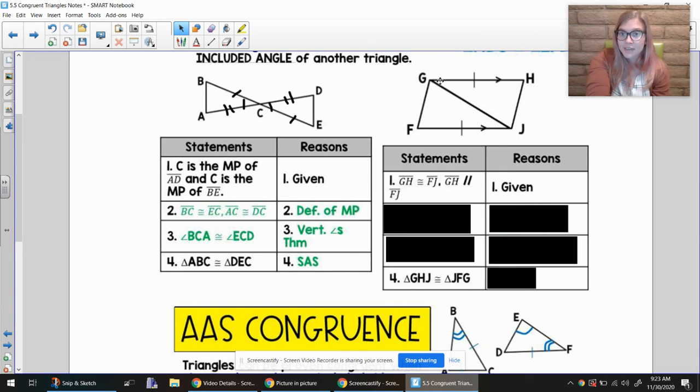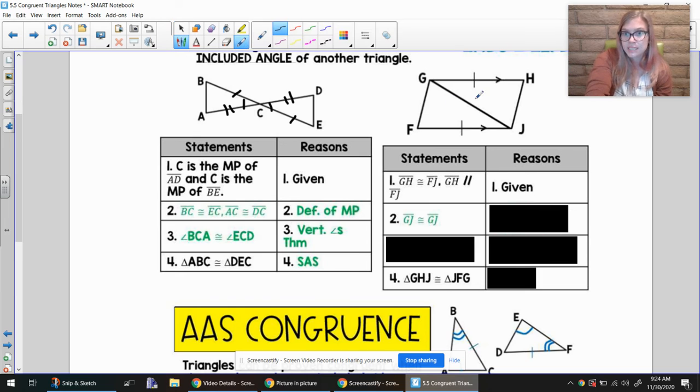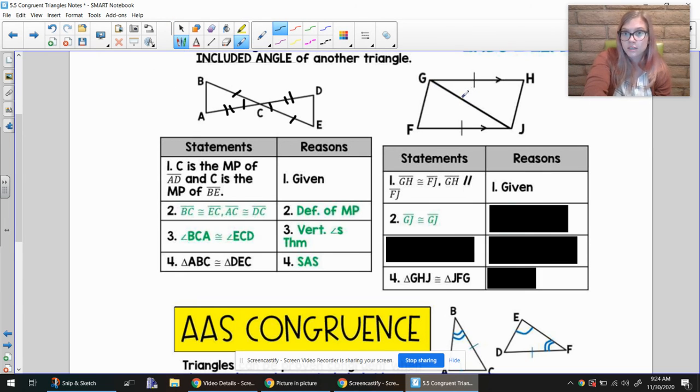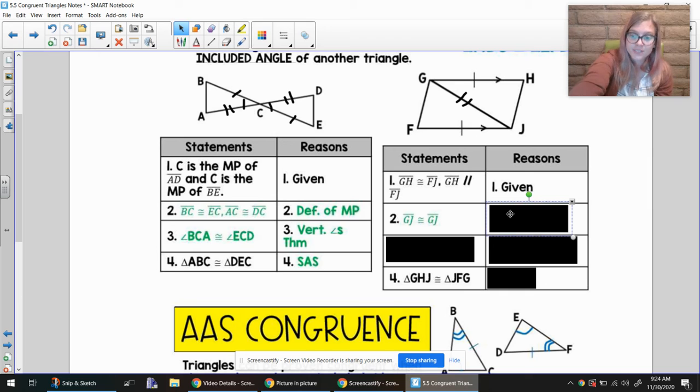Last but not least, we have GH is congruent to FJ, and GH is parallel to FJ. That's what's given. So we're going to start by using the reflexive property to say that GJ is congruent to GJ. So now we have two pairs of sides.